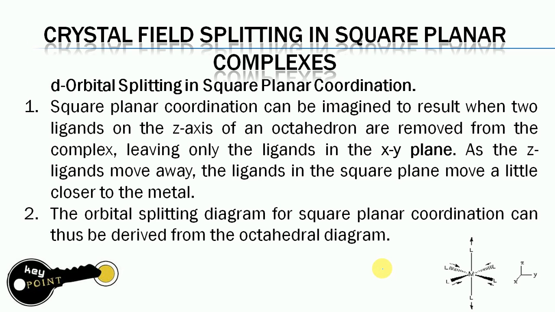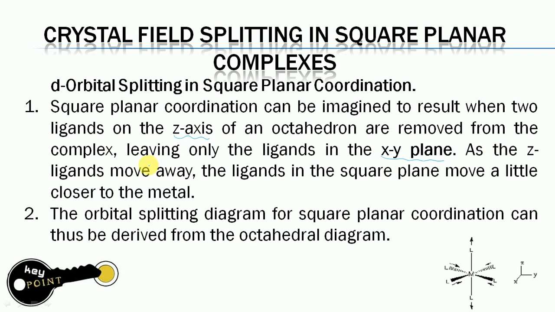So there are a few key points which we have to remember in case of d orbital splitting in square planar coordination. The square planar coordination can be imagined to result when two ligands on the z-axis of an octahedron are removed from the complex, leaving only the ligands in the xy plane.